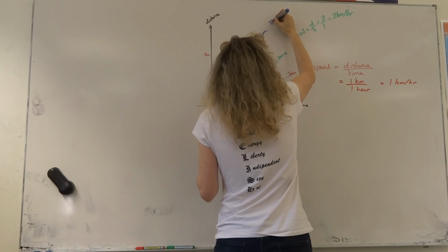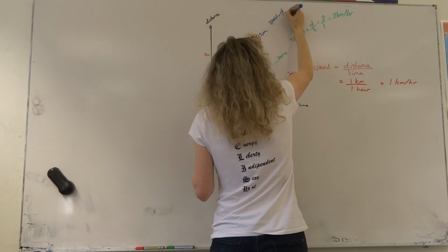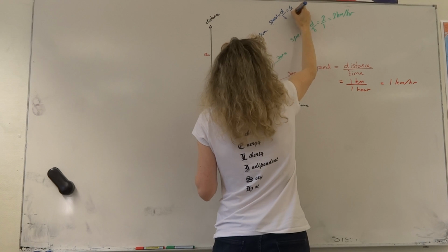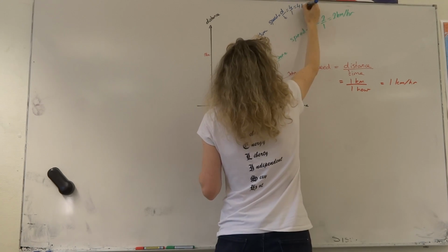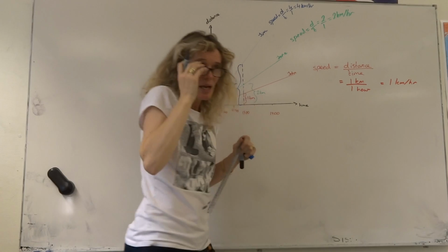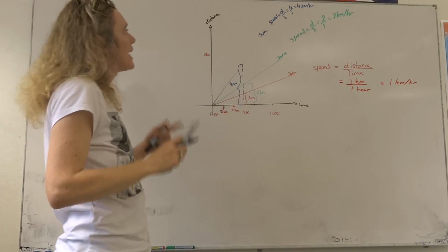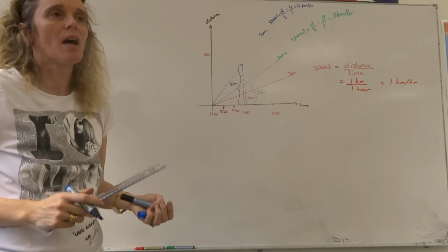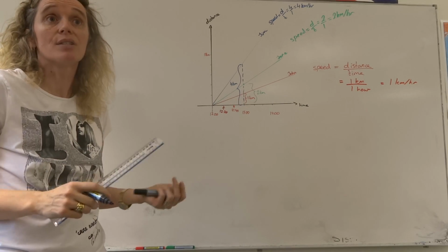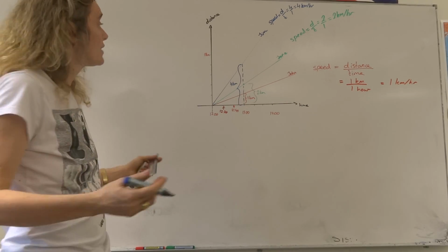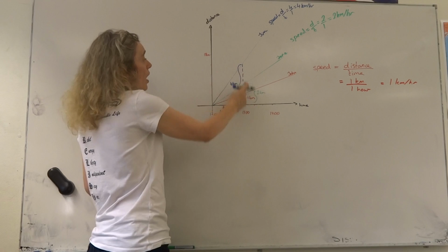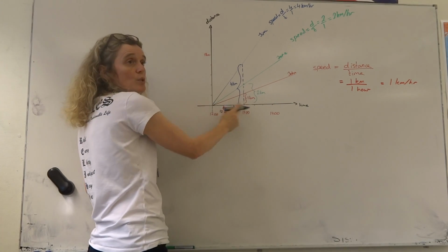So Jim's speed, which is distance over time, is going to be 4 divided by 1, which is 4 kilometres per hour. The main thing to understand here is it wouldn't have mattered where we decided to take the distance over time. We're doing rise over run wherever we do. Rise here was 4 kilometres, run was 1 hour.